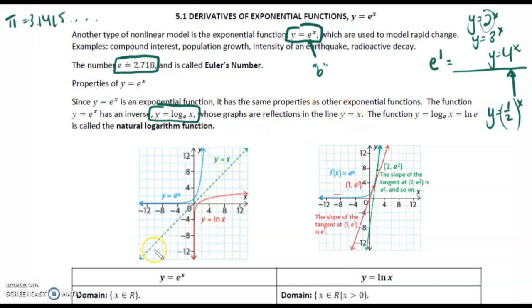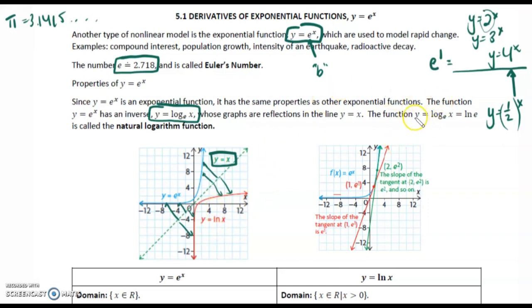Okay, so we know that this inverse line, this green line right here, is the line y equals x. And for the inverse, these are reflections on either side of that line. So all of these points are going to be equidistant from this line. Okay, every single point on e to the x is going to be reflected as, what we call ln x.